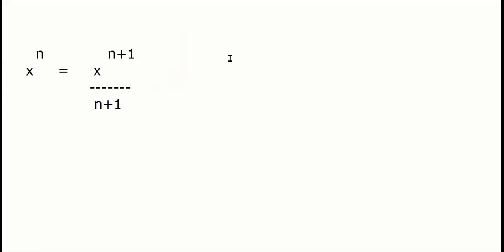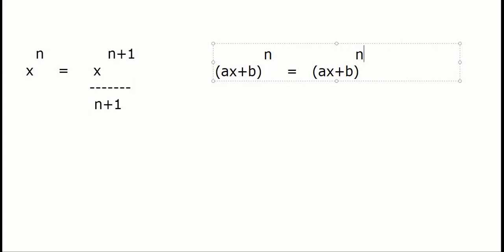Then, in a similar way, if instead of x I write ax + b, and I put a power n, and you integrate those, the only difference that will happen is what? Instead of x, assume ax + b. So it becomes (ax + b) to the power n + 1.